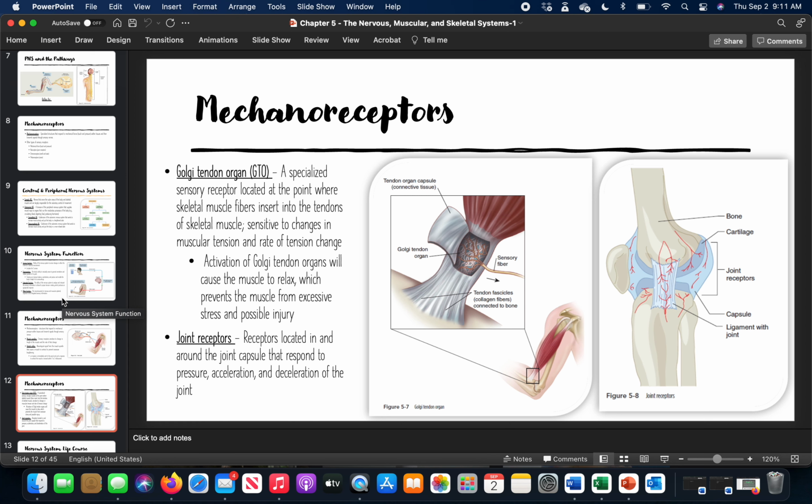And when it feels that, it'll have a reverse effect where it's going to try to stop you from going any farther than where you are. So if there's a lot of tension on that muscle and the Golgi tendon receptors sense that, they'll send out a signal to the brain saying, stop what you're doing.